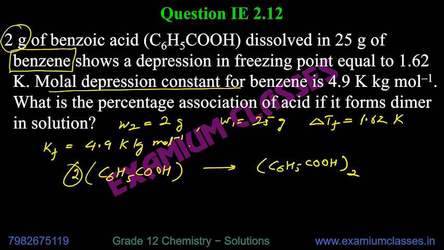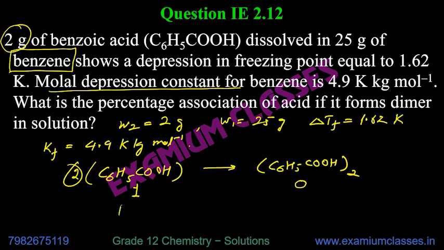So if initially, and understand it very clearly, this concept is very important. This is something you have used in 11th grade, 7th chapter, equilibrium. If initially it is 1 mole, initially here we had 0 moles of the dimer.